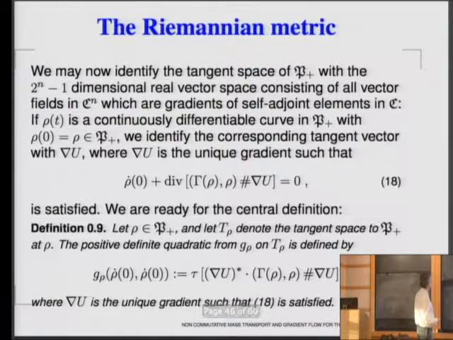Okay, good. And so now we know what the metric is. We take the tangent vector, which is this gradient. You can always write this thing in terms of a gradient of a self-adjoint thing. That's what we just saw. And now here's the Riemannian metric. You take that inner product, which we wrote down before, which is like the gradient of u squared against rho, but here's how you multiply against rho, and this defines a metric.